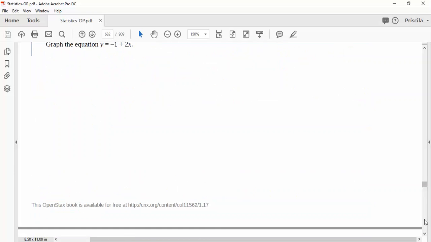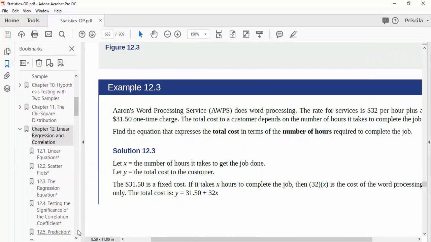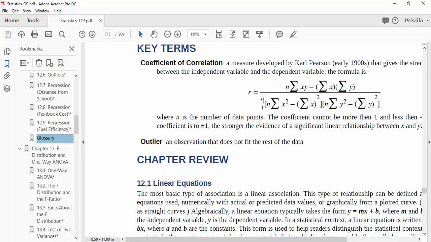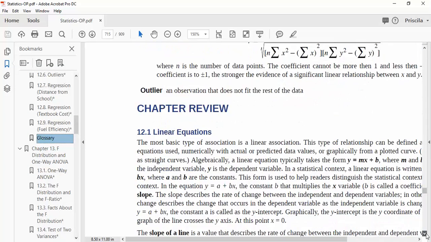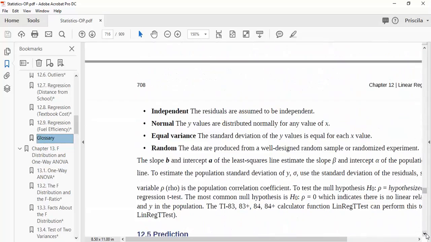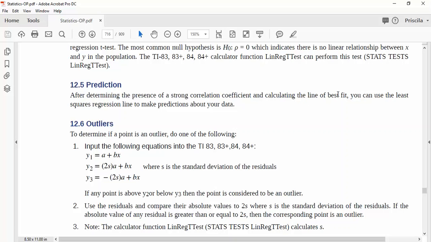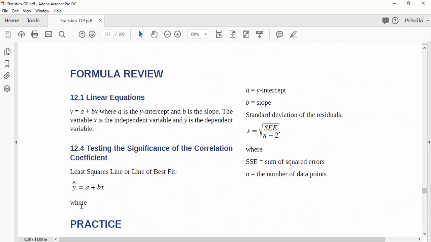However, the actual linear regression, which they call the line of best fit, we can jump ahead a little bit. Here we go. The line of best fit, you're going to see written as y hat.